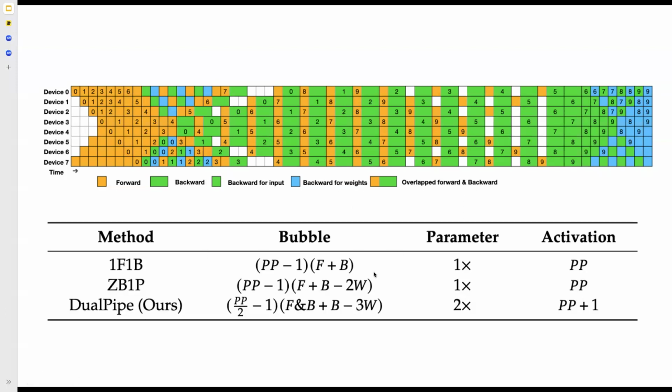And they even have these fancy equations of calculated, predicted bubble size, and they calculate rough estimations, maybe not so rough, estimations of memory required for the activations. And here we can see that we couldn't go down to anything less than full activation memory right here.